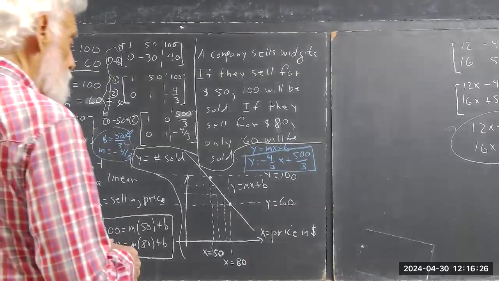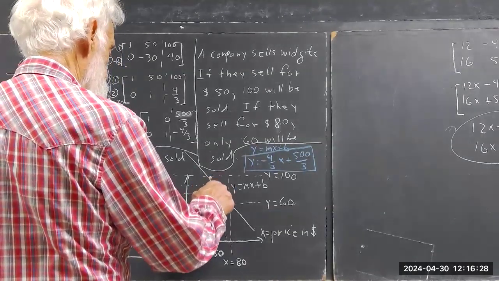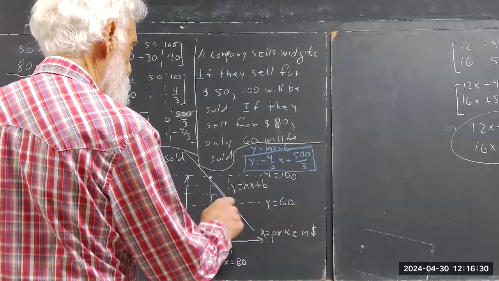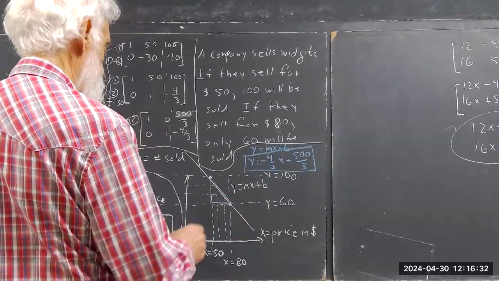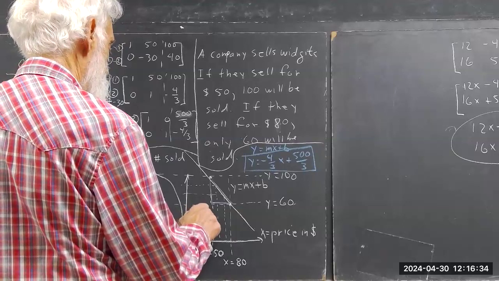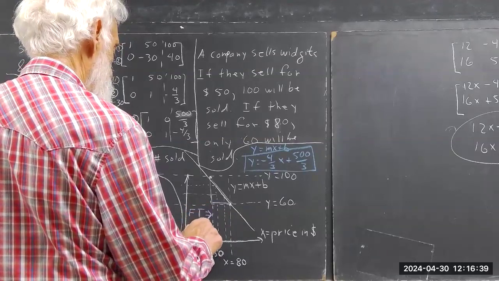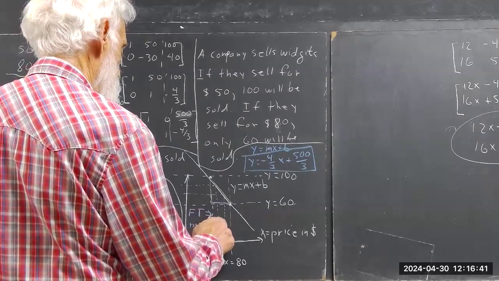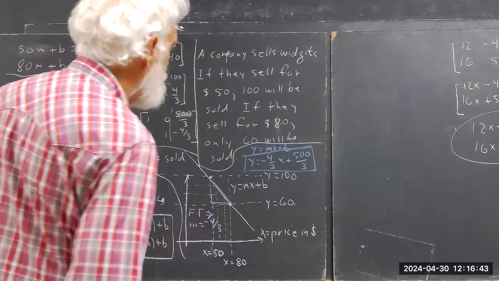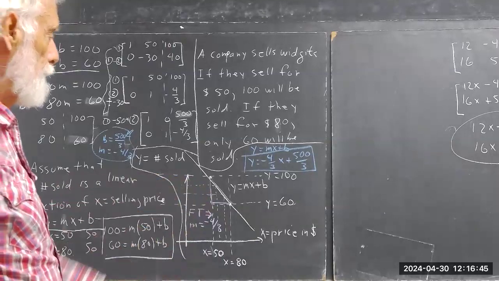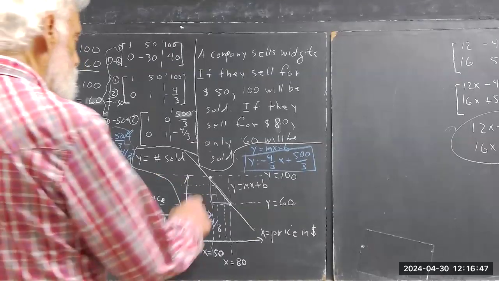Okay, so do this. Our fundamental triangle, which I haven't labeled, or I could label, this is negative 40.